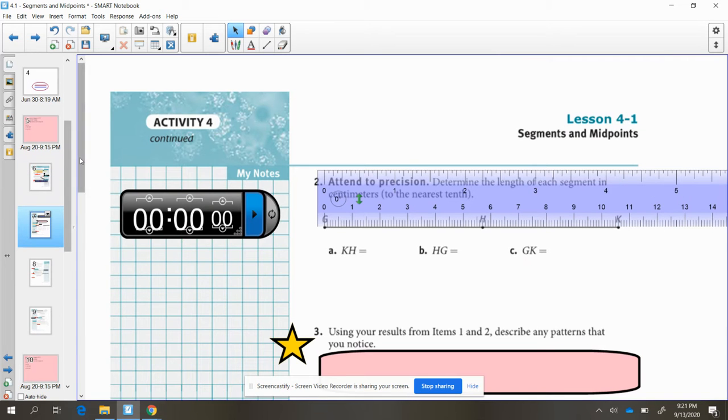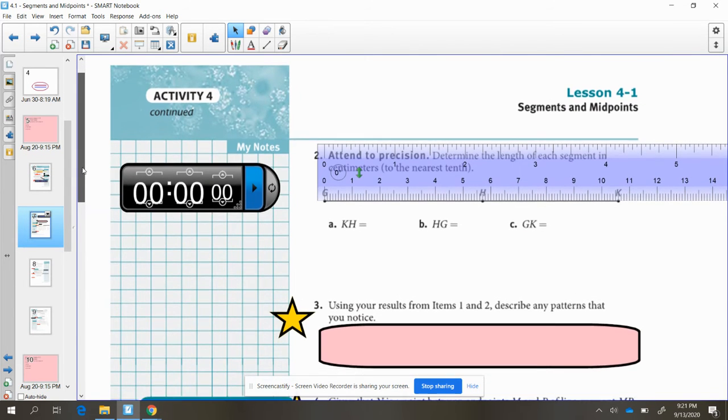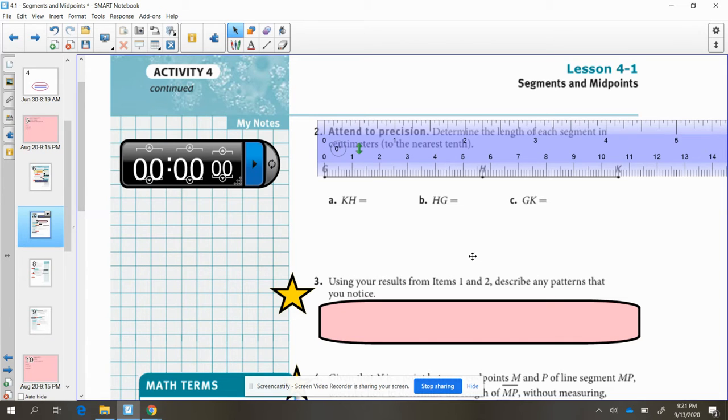We also want to calculate, using centimeters again, the lengths of KH, HG, and then the entire segment GK. You may or may not be noticing a pattern here, so I'm going to give you a second. If you look at 4.9, 5.7, and 10.6 on this page, or the lengths on the previous page, do you notice any patterns between these?